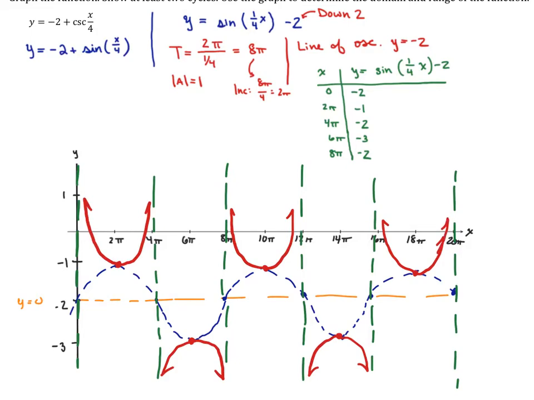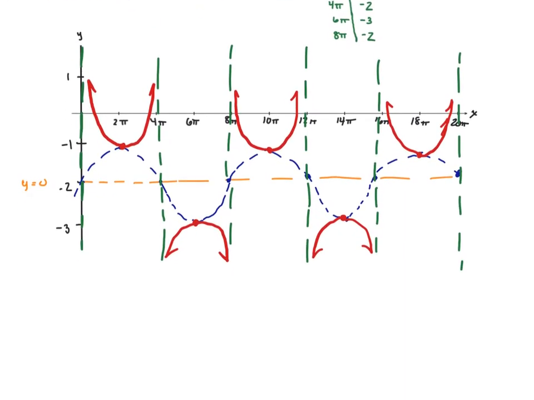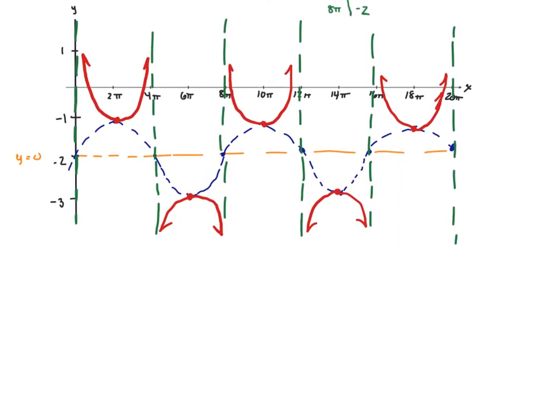Now let's find out what our domain and range is. So the domain, there are breaks, and we first state one of the breaks, which could just be x equals 0.